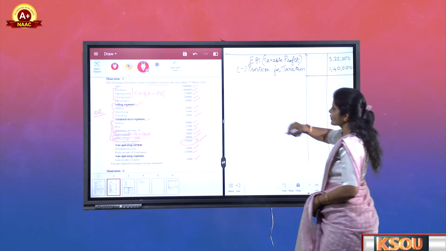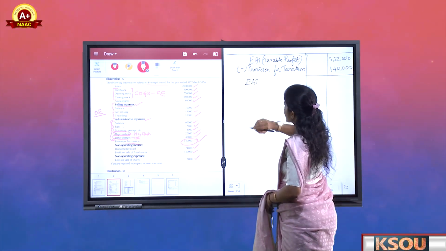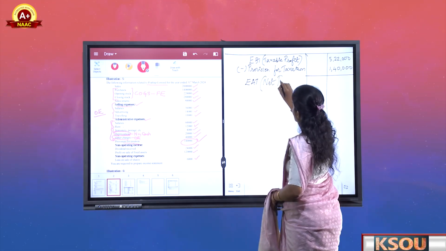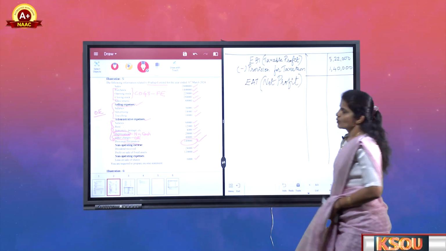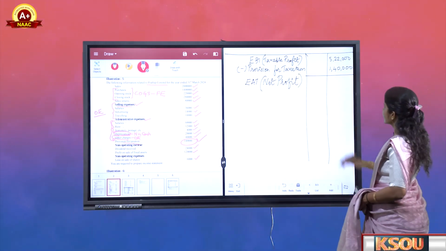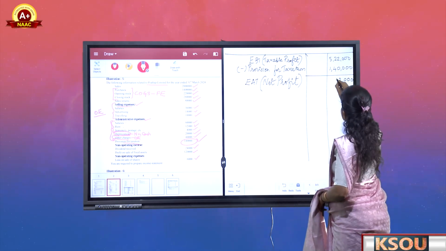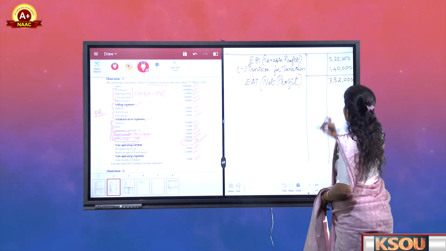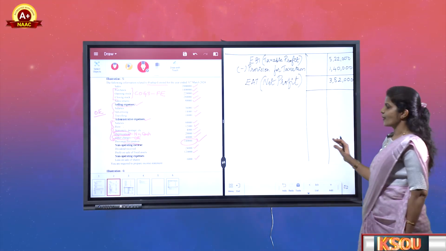The difference we get is called EAT, earning after tax, and it is also called net profit. The difference is 3,82,000. So 3,82,000 is the net profit.